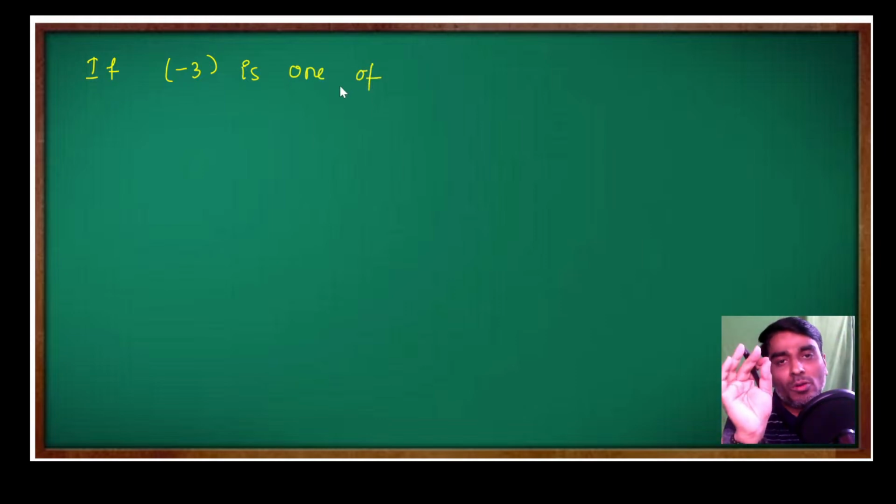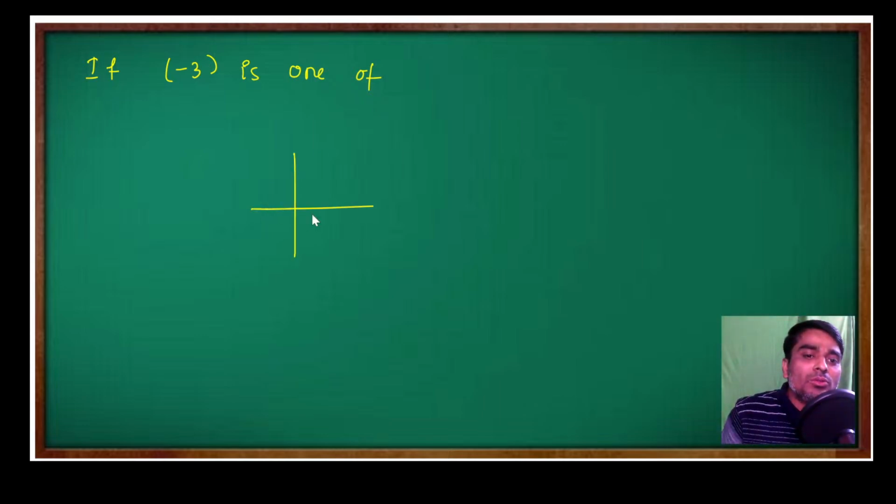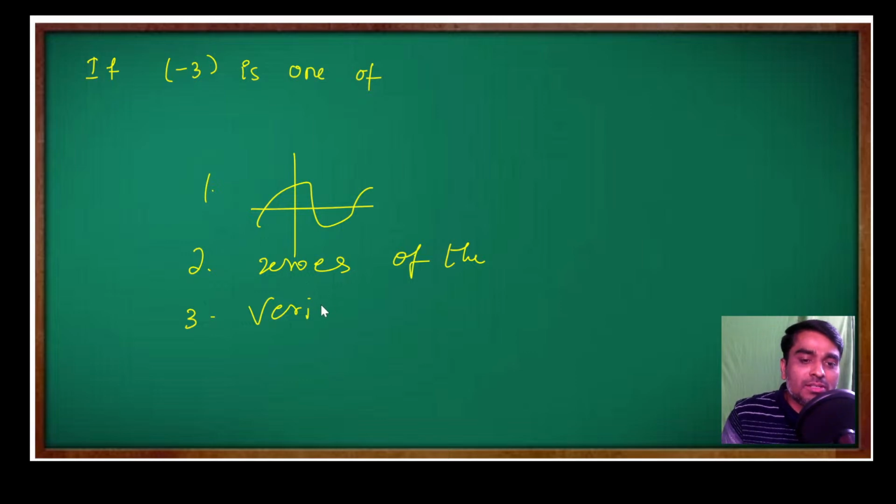See, I will tell you, from polynomial don't study anything other than those graphs, one, and second, how to find zeros of the polynomial, and verifying the relation between coefficients and zeros, verification, and forming a quadratic polynomial using the zeros.